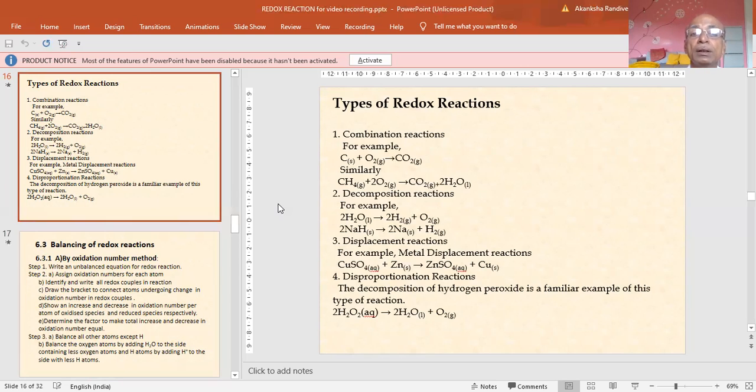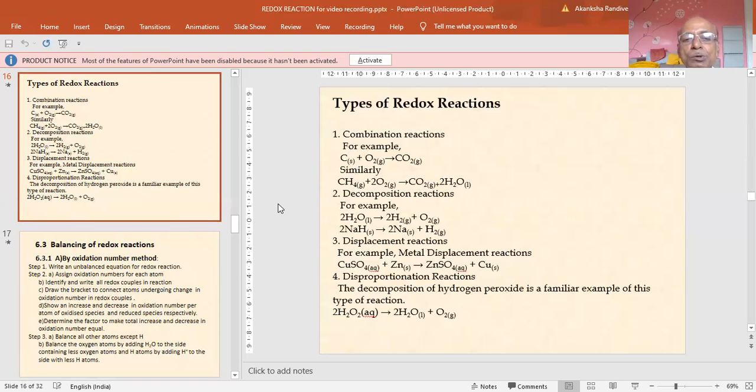Again, this is a redox type of reaction, because hydrogen has gained electrons and oxygen has lost electrons. In H2O, the oxidation number of hydrogen is +1, whereas in the H2 molecule, the oxidation number becomes 0. That means hydrogen has gained the electron, isn't it?